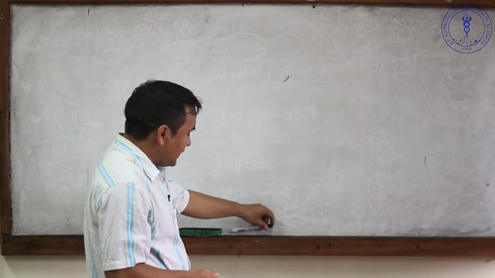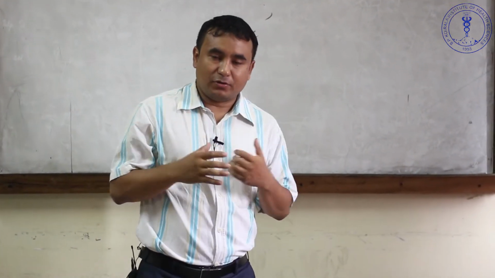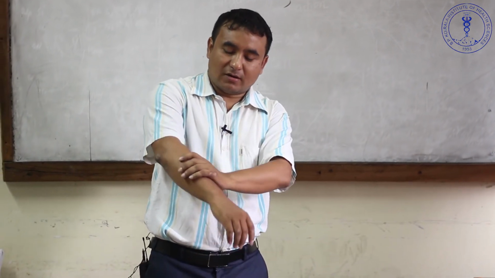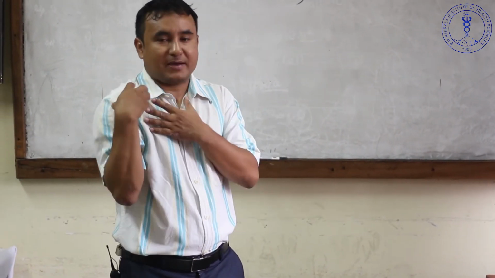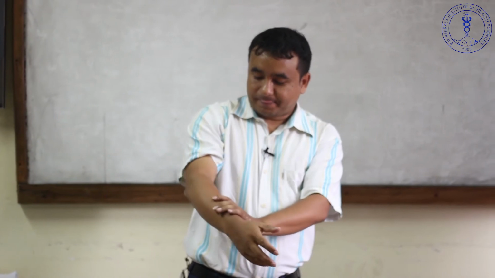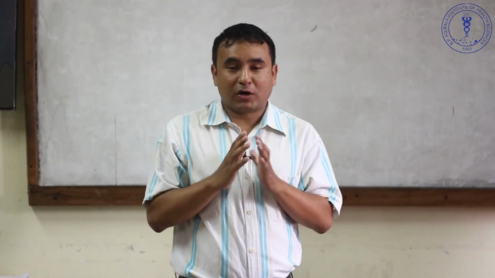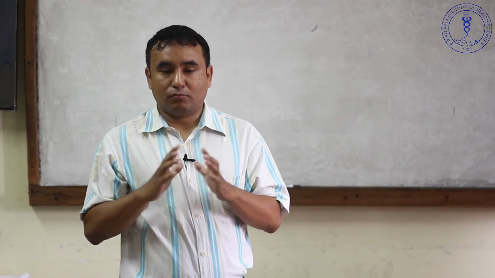Then regarding the anatomical involvement of the weakness. Suppose somebody has weakness only in one limb, suppose I have a weakness in my right hand, then that is what we call monoparesis.